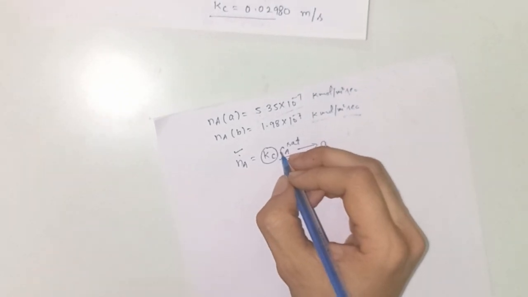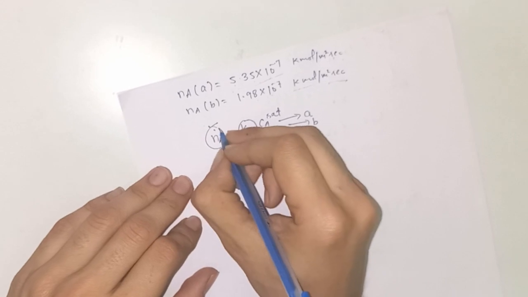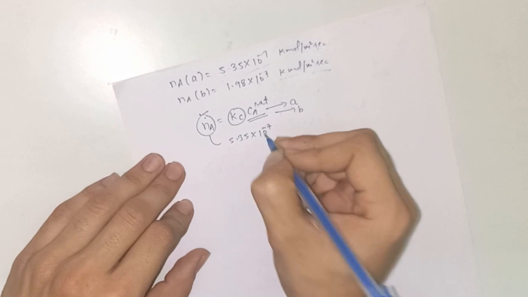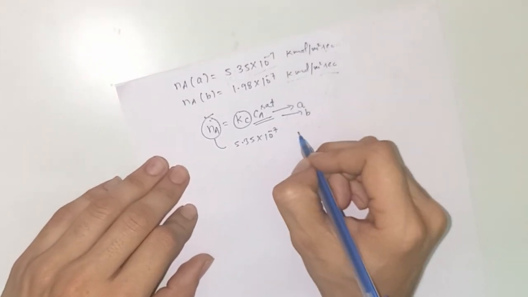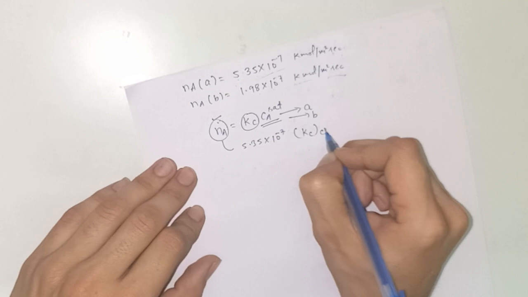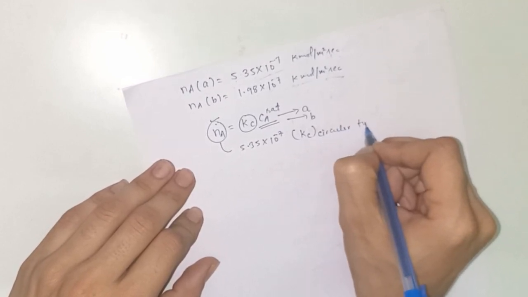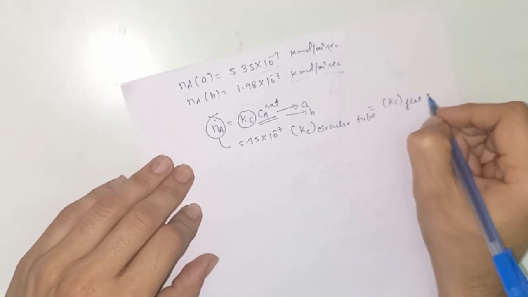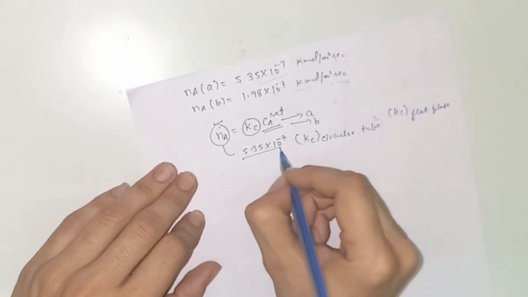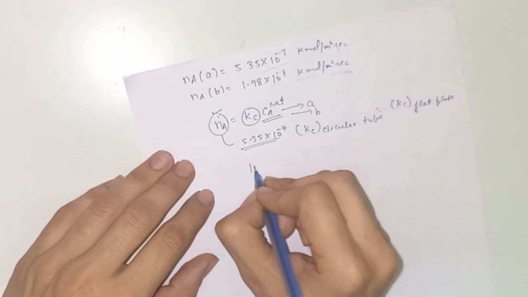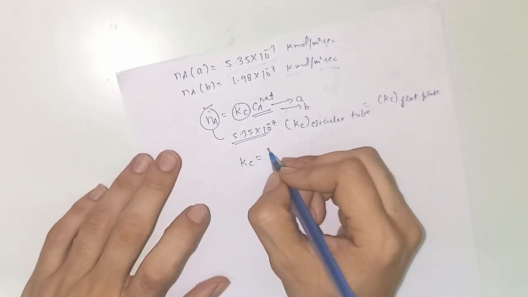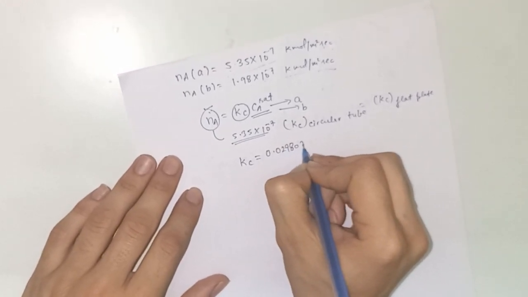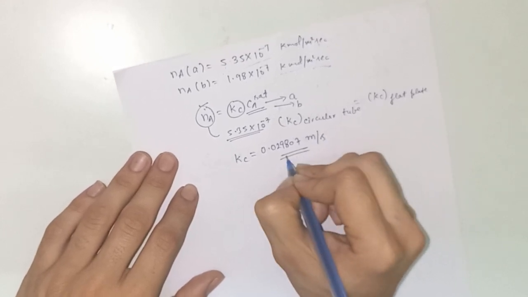So to get Na, the molar flux, as 5.35 × 10 to the power minus 7 in the second part, in the case of the flat plate, we need to set the Kc of the circular tube equal to the Kc of the flat plate to get the desired molar rate. The Kc required will be 0.09807 meter per second.